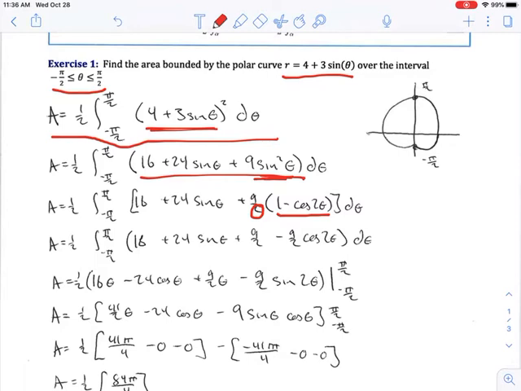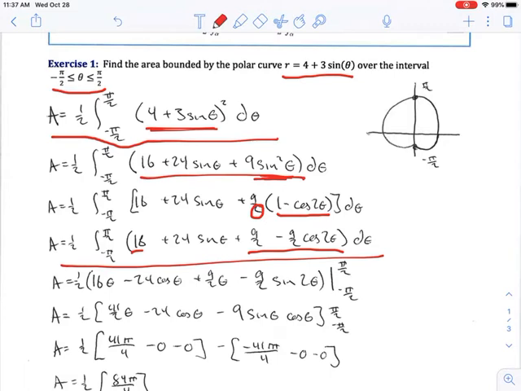Then we break that up into separate terms, because now we can eventually combine the 9/2 with the 16. We could do it now; I ended up doing it a little later. Once we get to this point, I'm able to find the antiderivative.